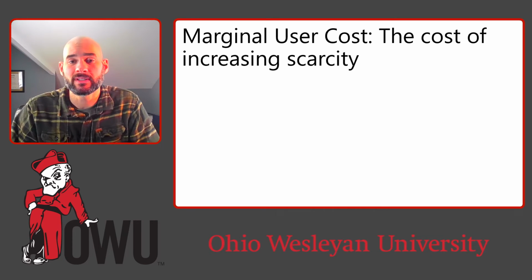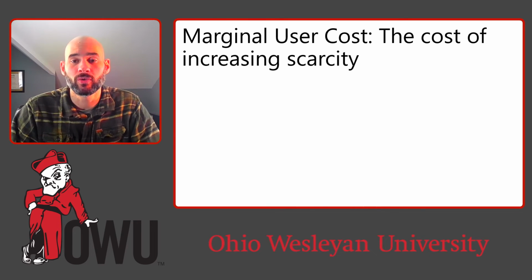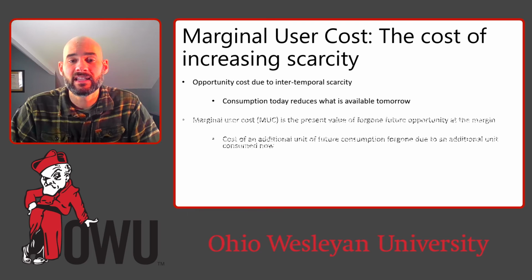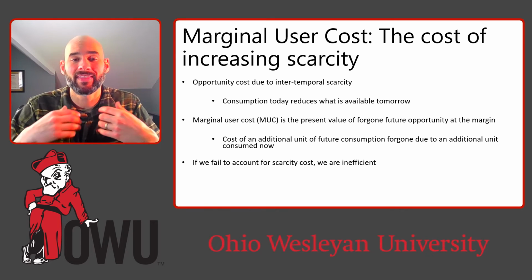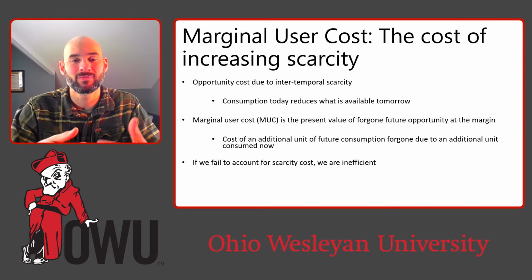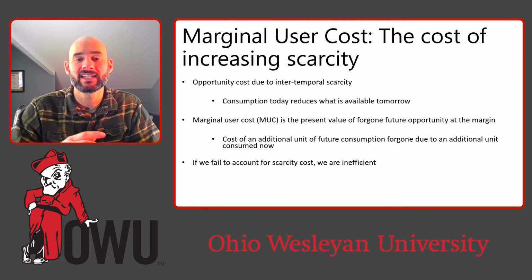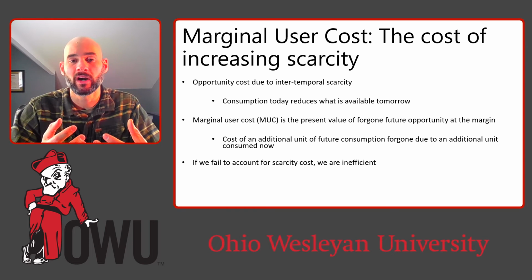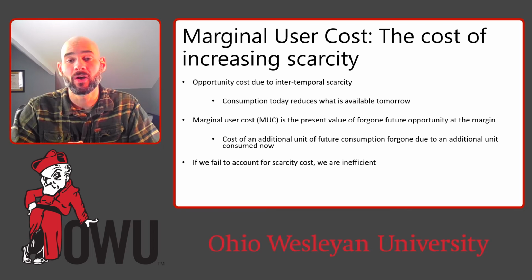What I'd like to do now is move on to that second bullet point, thinking about the price of scarcity, specifically the marginal user cost. And so we're going to return to that concept of opportunity cost, that Econ 101 term that we discussed a couple slides ago, which is just shorthand for what we have to give up to get more of something else.